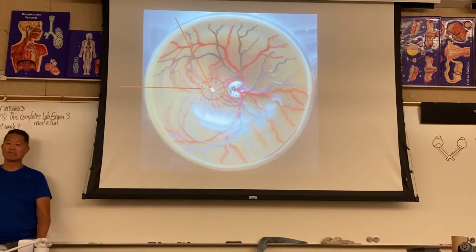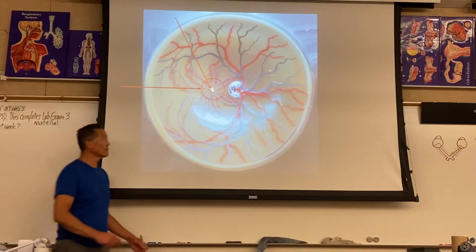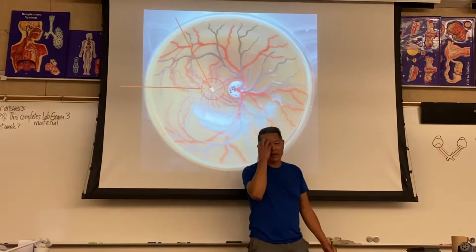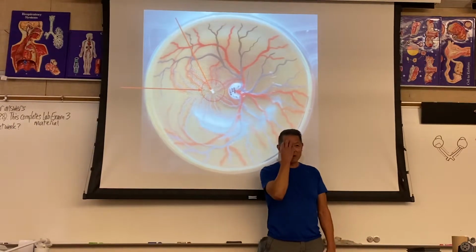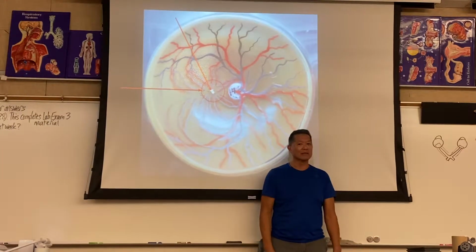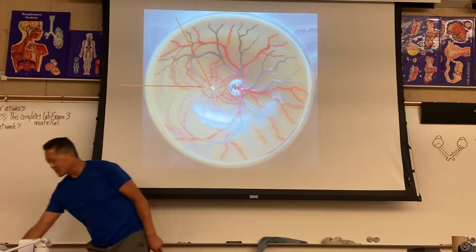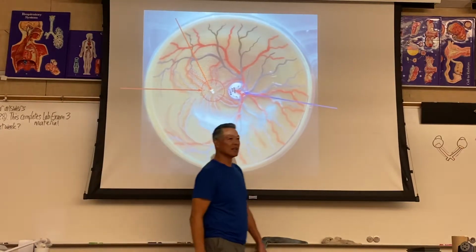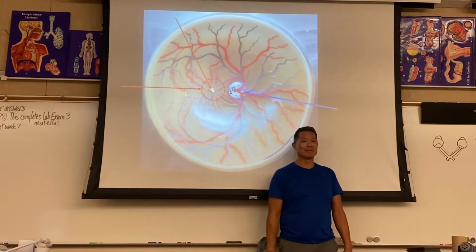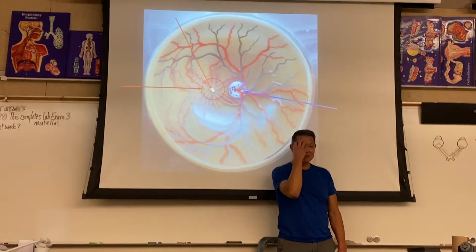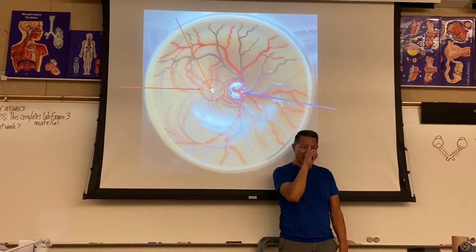Everybody see that? Now look at my right eye. If this is my right eye and you're looking at the right retina, that means the optic disc is medial. Everybody see that? Optic disc is on the nose side. It's medial.